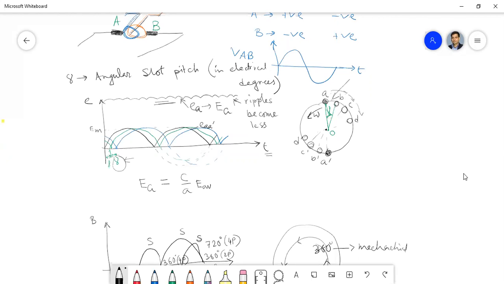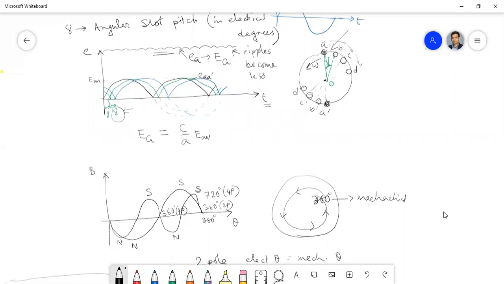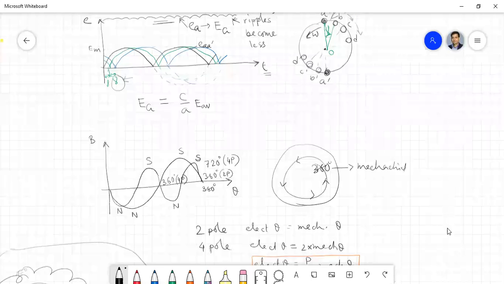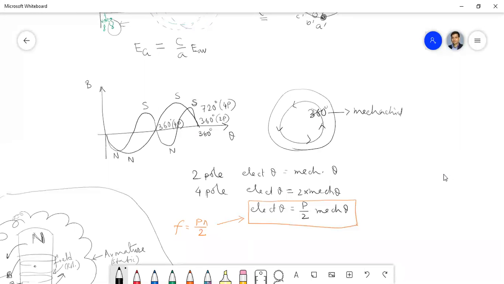That kind of filtration we can perform using distributed coils in a DC machine. And in the last class we discussed what is the difference between the mechanical angle and electrical angle?